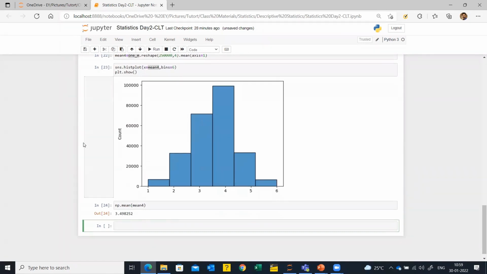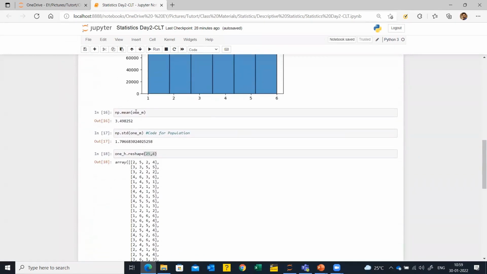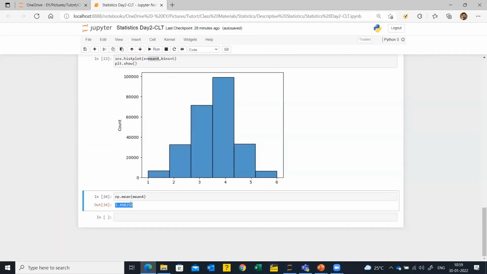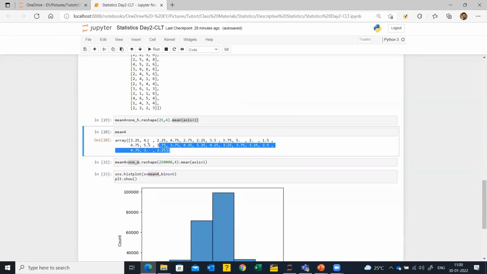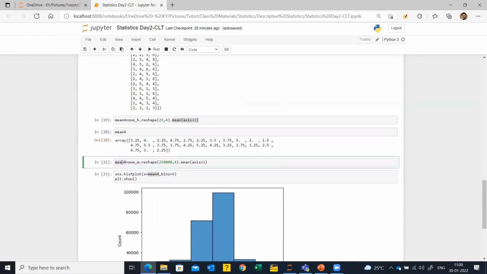If you see, this mean and the previous mean which we calculated for the 1 million records are similar, 3.498252, right? Any question? So the first rule or inference of the central limit theorem says that the mean will be equal for the population and the sample. The sample is this mean 4. This is the sample which you have created. This is for the 100 records, but likewise, it would have been created for 1 million records, right?